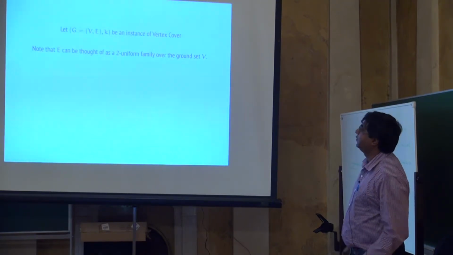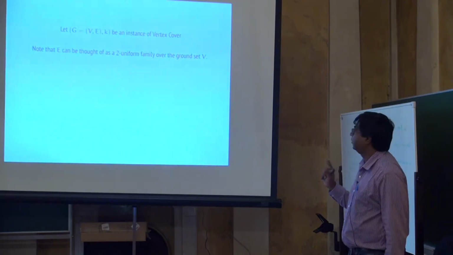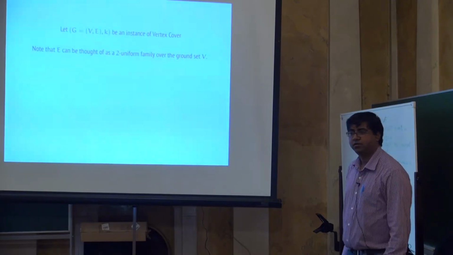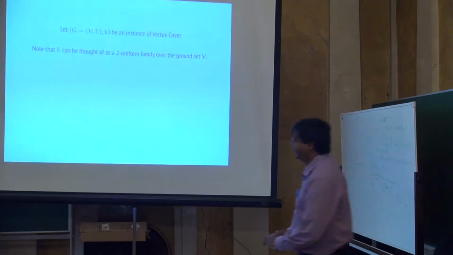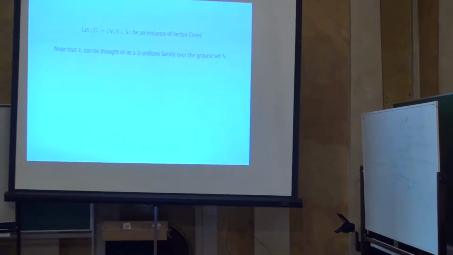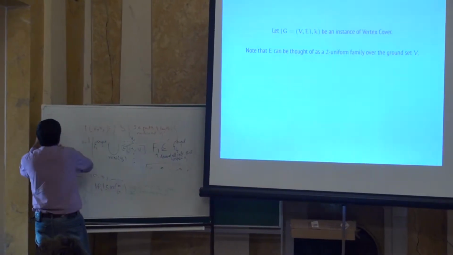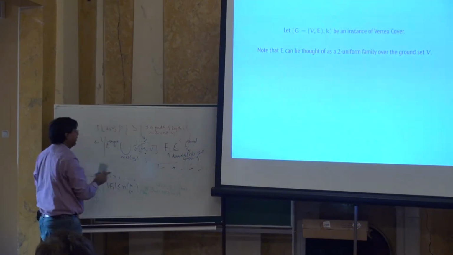So what do we think? We can think of edges as a two-uniform family over the ground set V. Agreed? It's all about making a family.